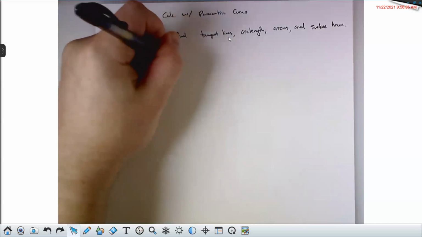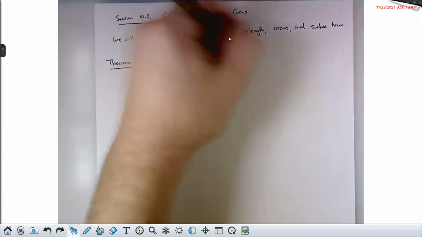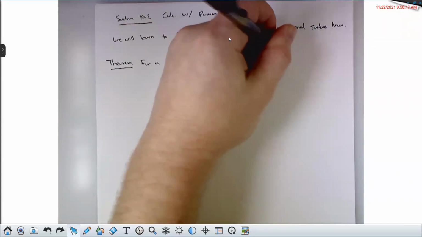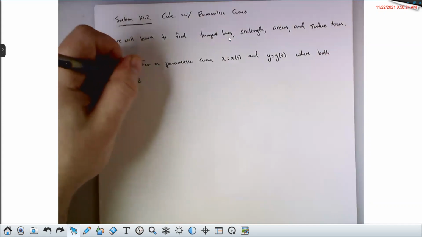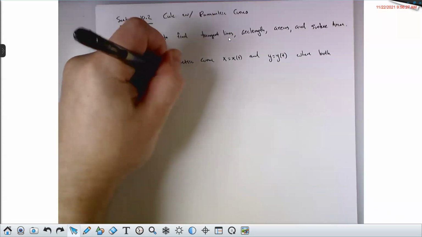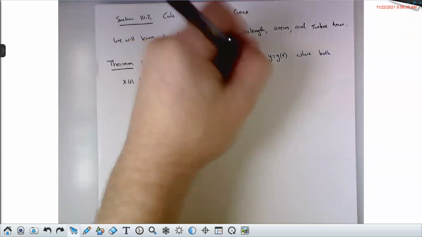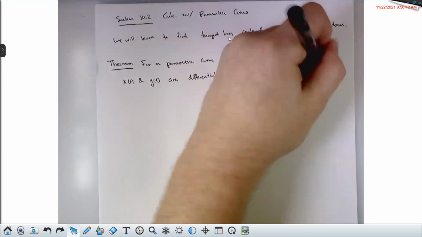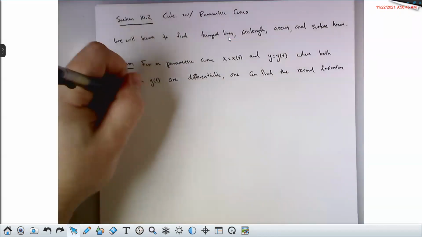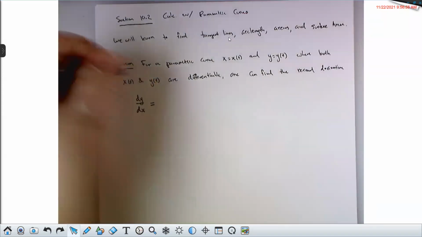For a parametric curve, x equals x of t and y equals y of t, where both x of t and y of t are differentiable, one can find the normal derivative dy/dx, the thing that tells you the slope of the tangent line, as the ratio of the time derivatives of x and y.